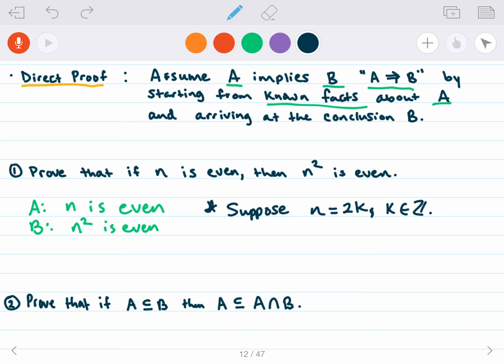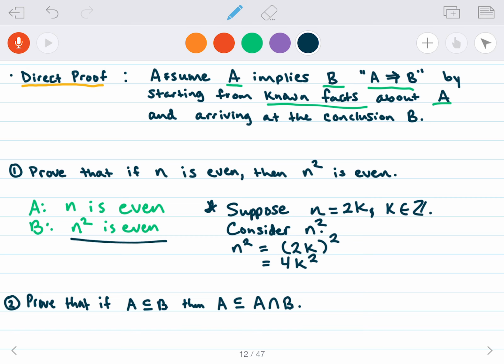So suppose this, and now consider n squared. We're trying to use what we know about n to deduce something about n squared. We know what n is, so n squared is (2k) squared, and this is going to be 4k squared.